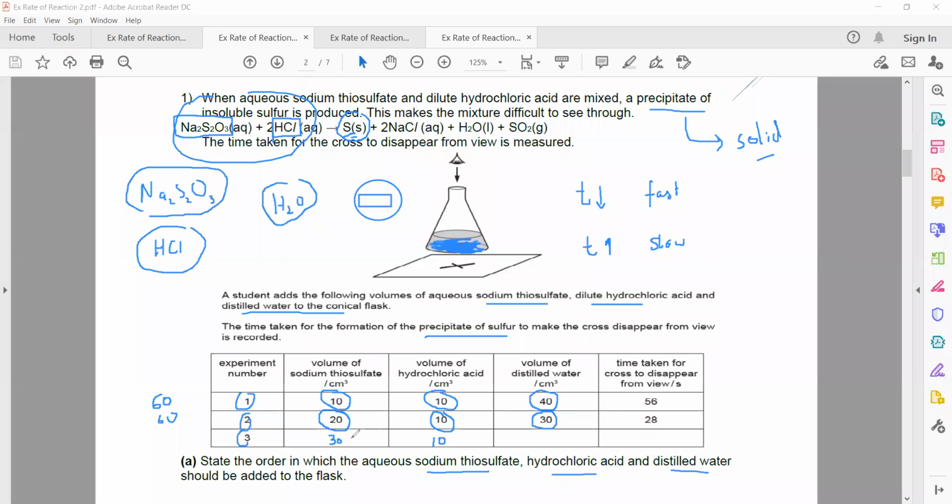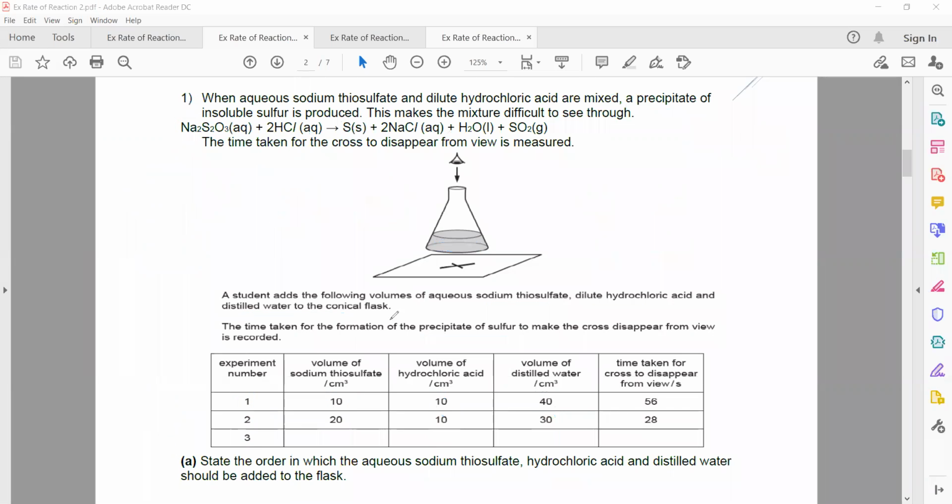If I took 30 cm cube of thiosulfate and 10 cm cube of hydrochloric acid, how much water should be there? So water should be 20 cm cube, because 30 plus 10 is 40, 40 plus 20 makes 60. Same thing, if it was 40 cm cube and 10 cm cube of hydrochloric acid, how much water should be there?